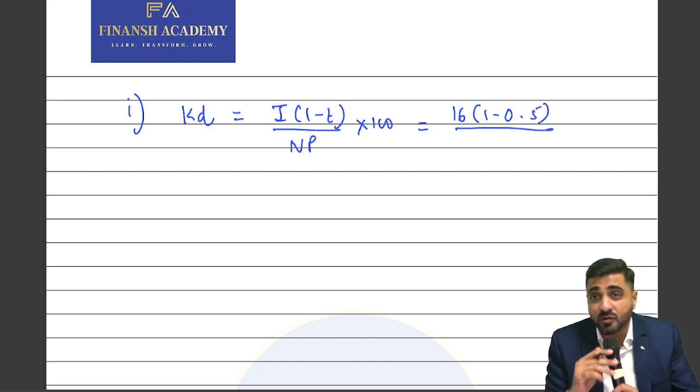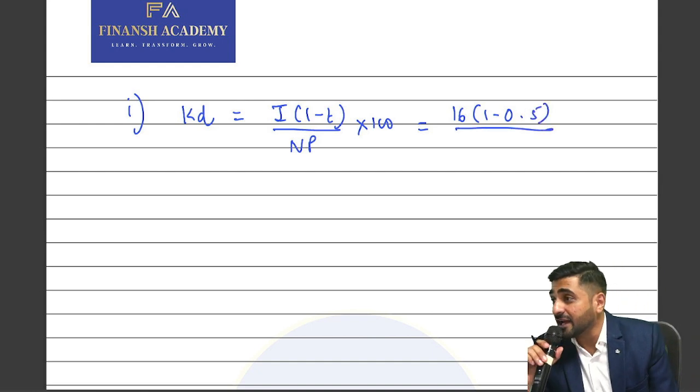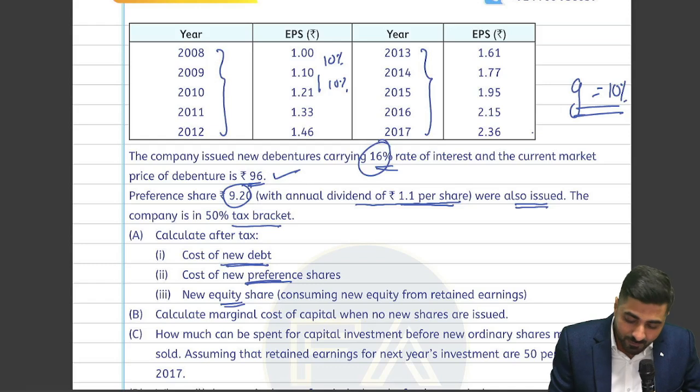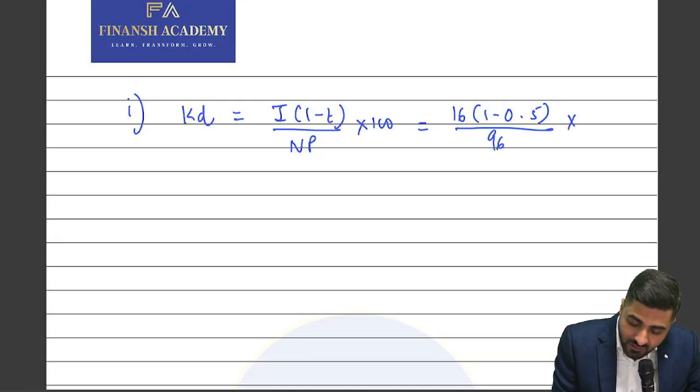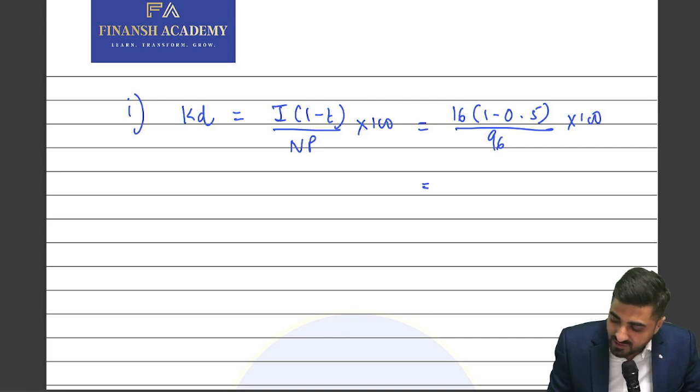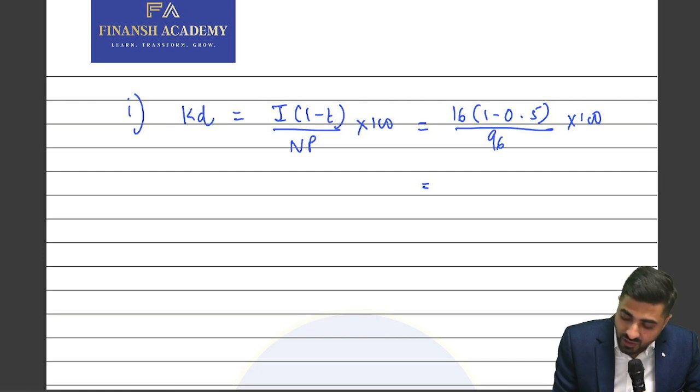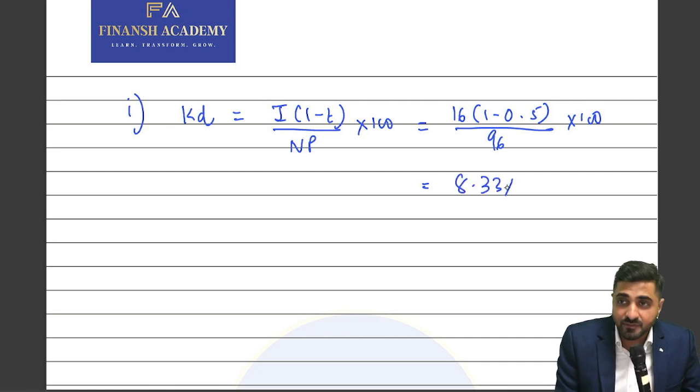And what is the net proceeds? I told you that the net proceeds can be reflected by taking market price. Do you have market price? Come on, yes or no? Yes, sir. Can you give me what is the answer? 8 divided by 96. Can I say my cost of debt is 8?